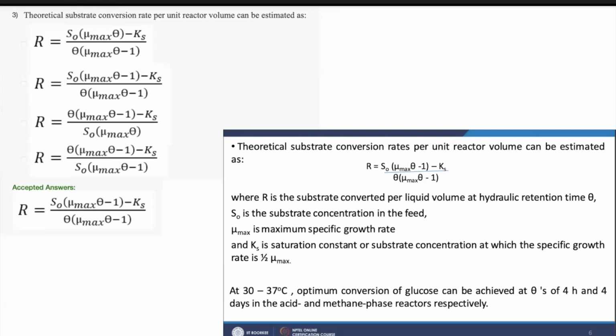So every yield of a microbial route or the biological route will depend upon the conditions in which the operation is being conducted. This was not the case with the thermochemical processes, right? So we need to be extra careful about the conditions in which we are using our anaerobic digester or any biological route process.